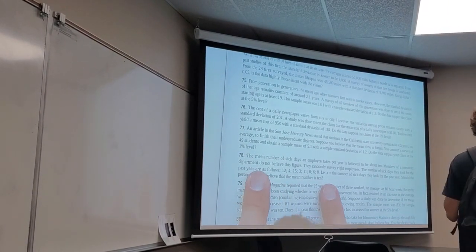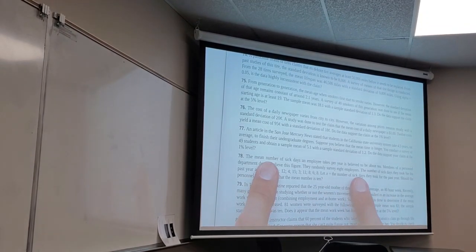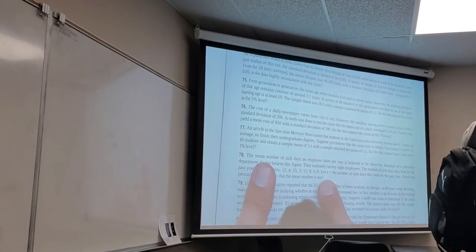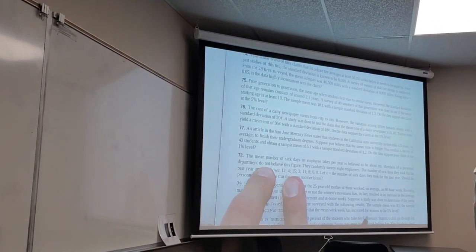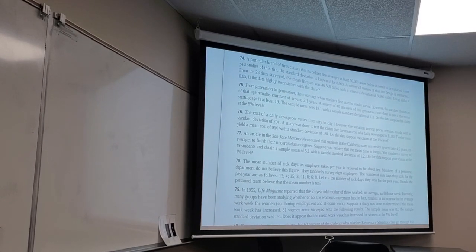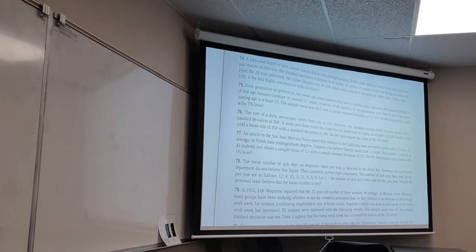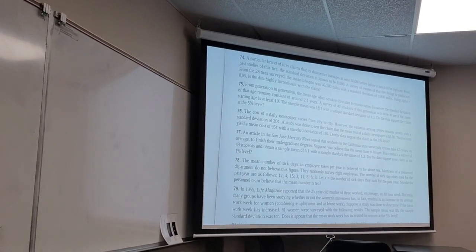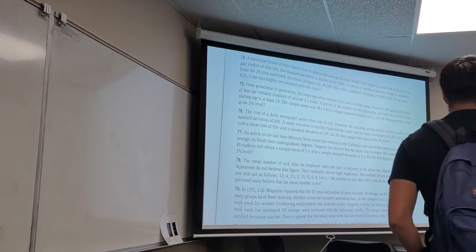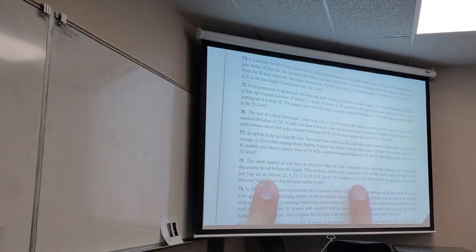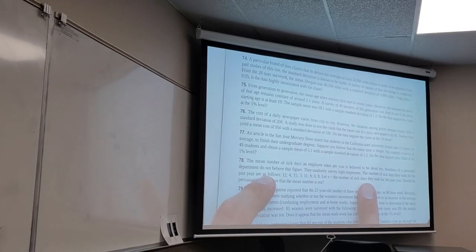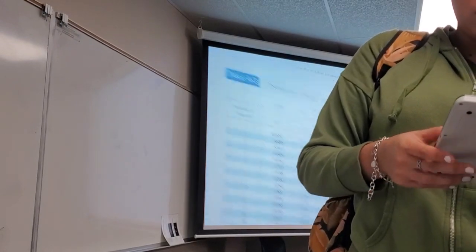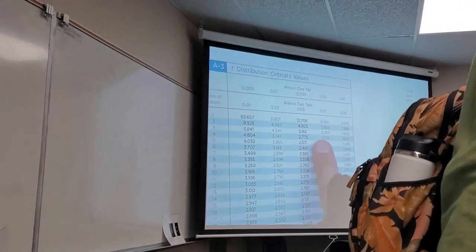So 78. Let's see. They surveyed 8 employees. That's our N, so we know degrees of freedom. And I'm going to have to use T-scores because I'm only going to have a sample standard deviation. So 0.05, it's a two-tail test.